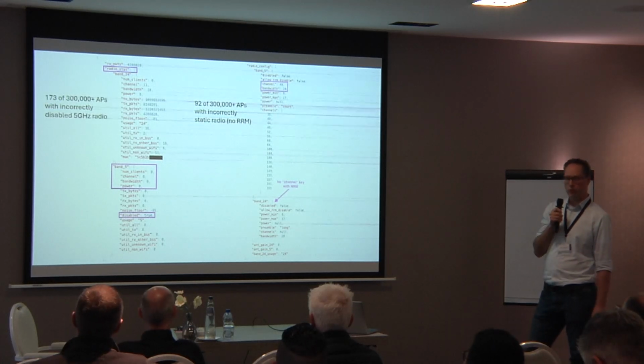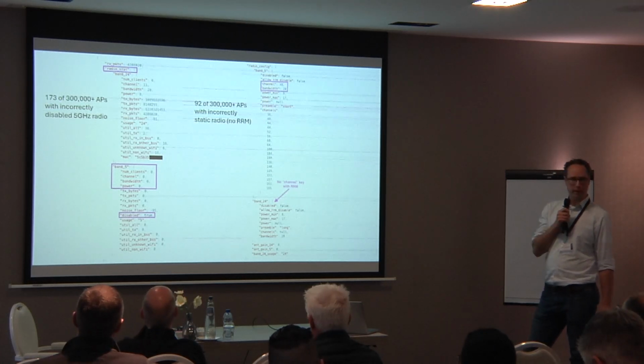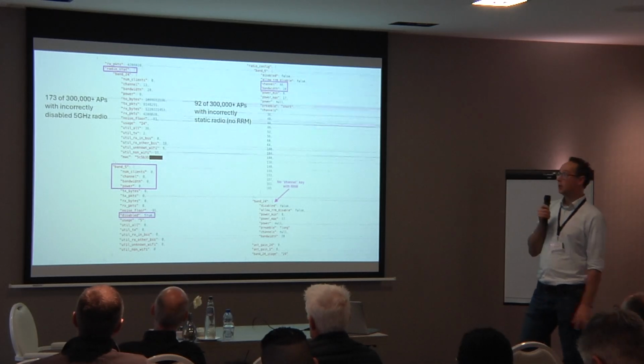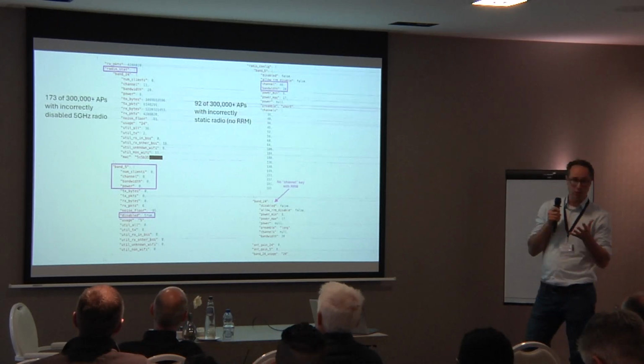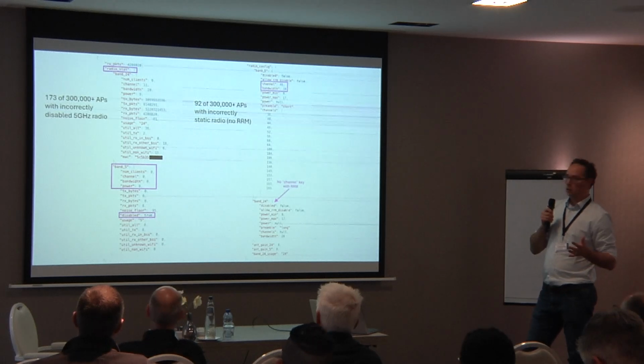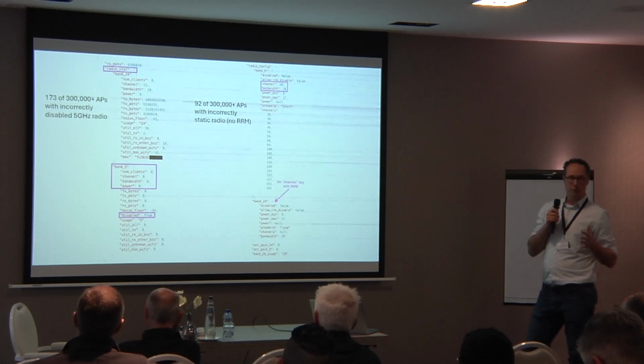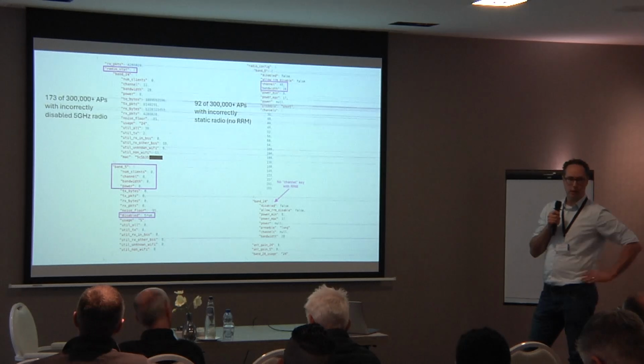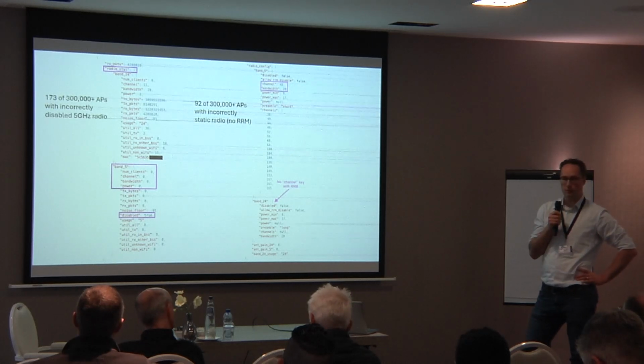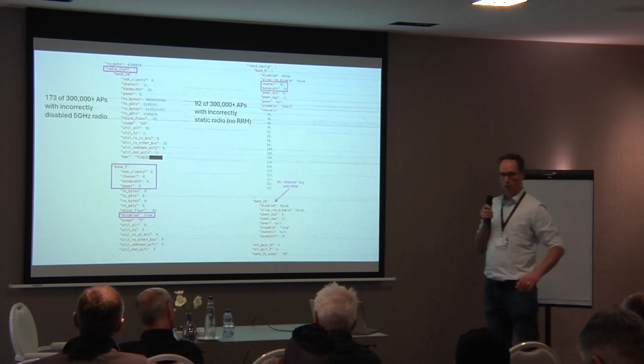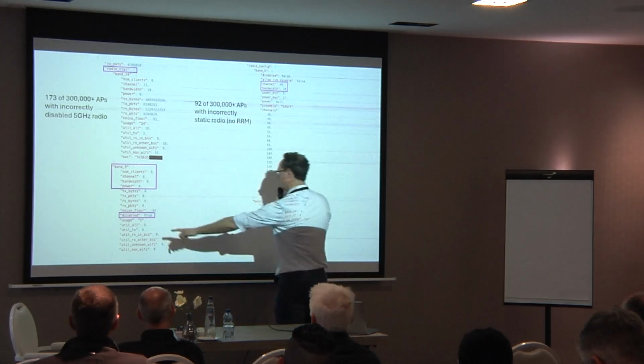Although it's quite small, it started with one access point having a radio issue on 5 gigahertz. He then evaluated 300,000 APs in 1.5 hours and found 173 that were configured with this value, disabled.